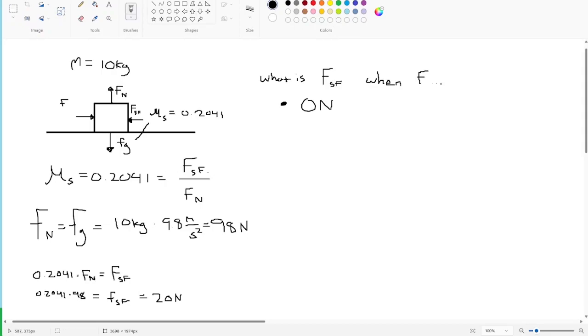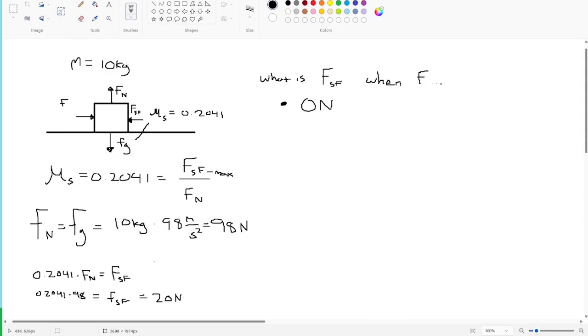This coefficient of static friction is going to be the force of static friction maximum over the force normal. In other words, the maximum amount of force static friction can apply is going to be 20 newtons at maximum.